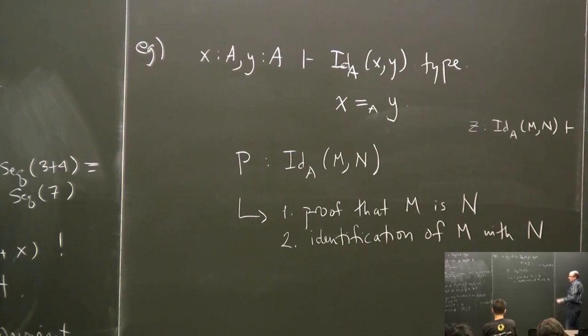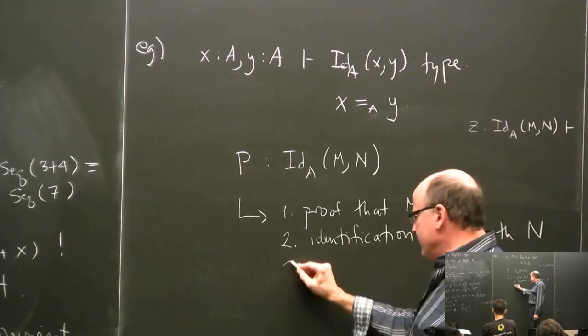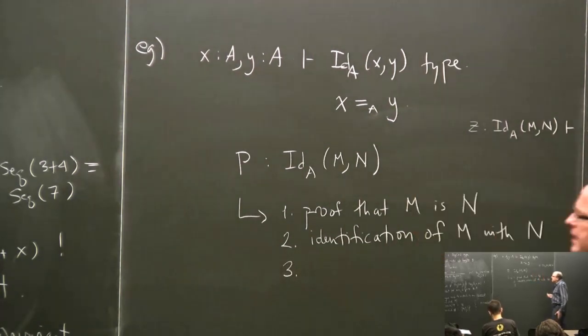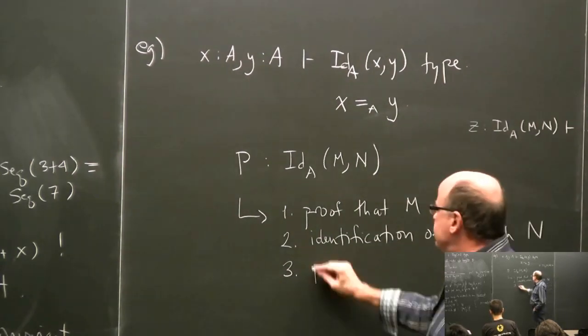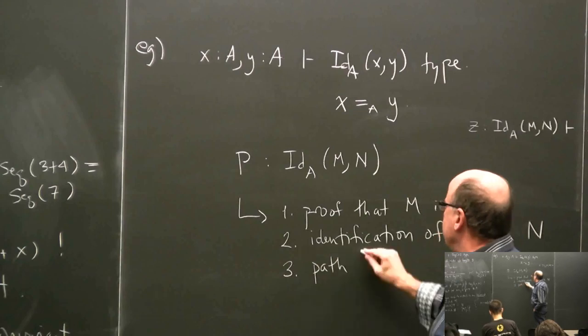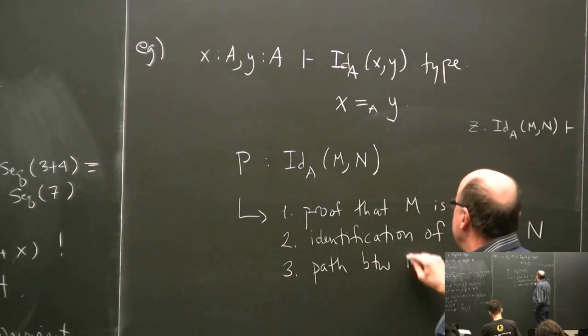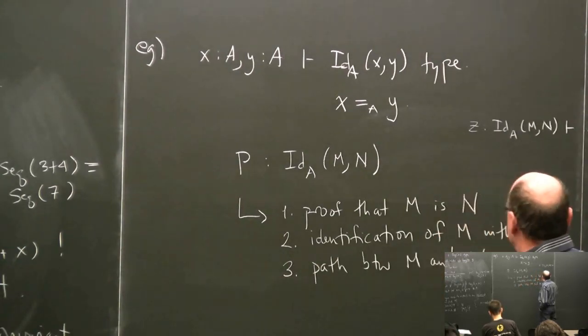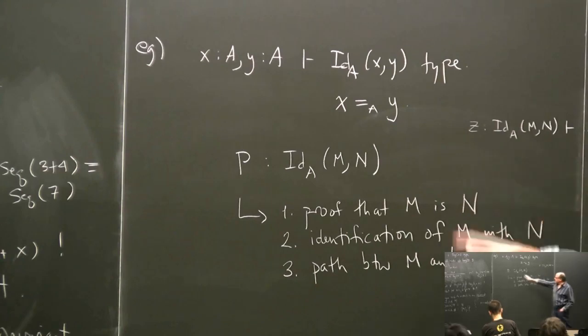Okay, so we can think of it like that. And another bit of terminology that will end up being relevant a little bit later is we can think of this as a path between m and n, and these are all, of course, within A. Everything here is relative.